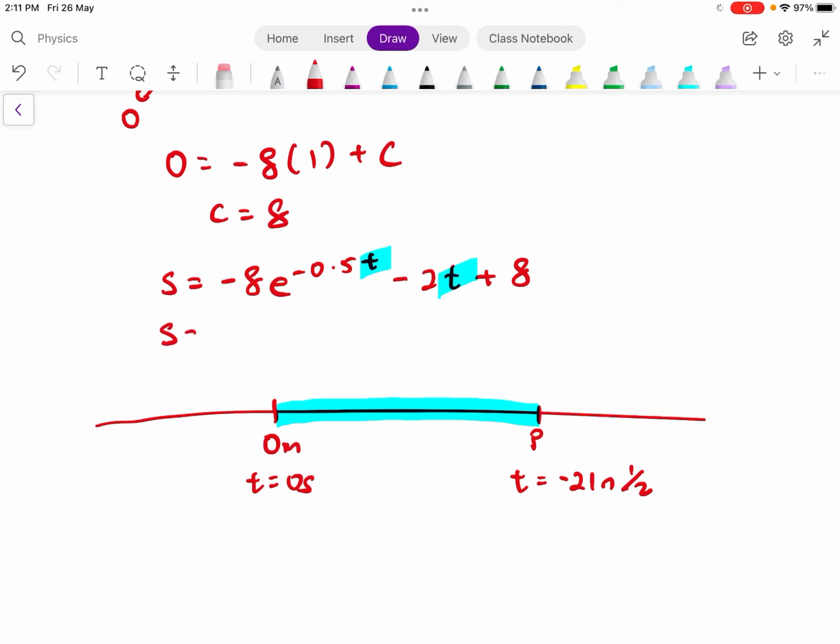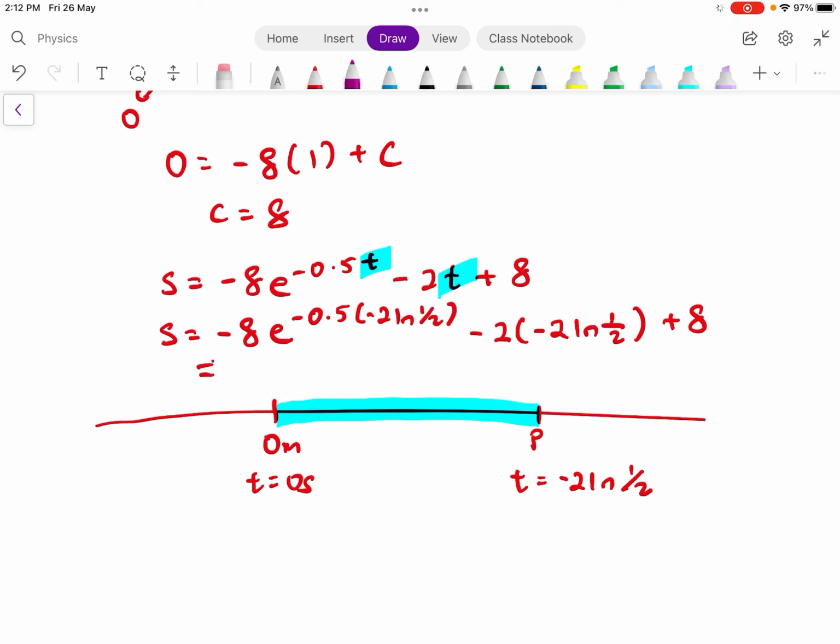So S is equal to negative 8e^(-0.5 times (negative 2 ln half)) minus 2 times (negative 2 ln half) plus 8. I just manipulate fast.